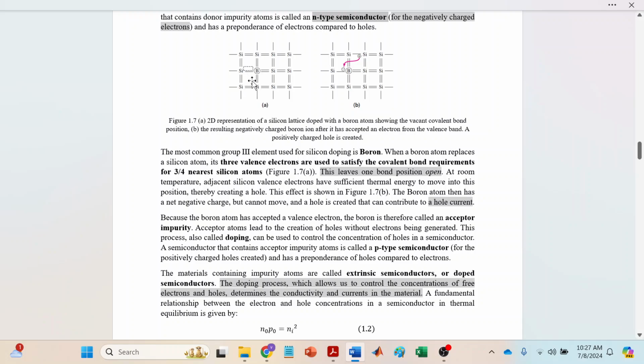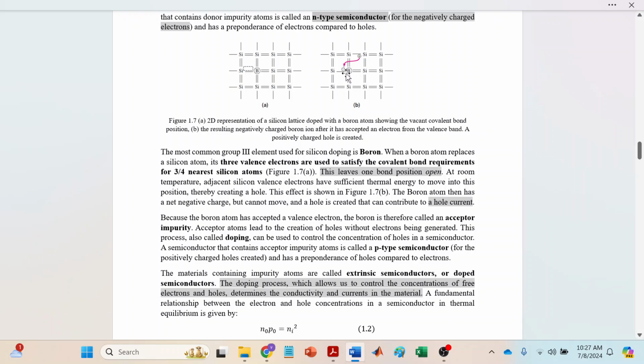And at room temperature, you don't even need an increase in thermal energy. At room temperature, adjacent valence electrons may gain sufficient energy and move into that open position, thereby creating a hole. So the effect is shown here.